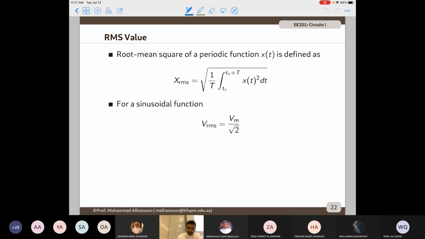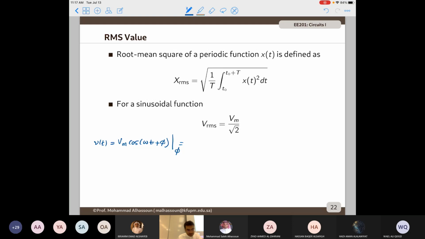Remember, our signal is v of t, the one that we want to find the RMS value of, given by Vm cosine omega t plus phi. Let's further simplify it.